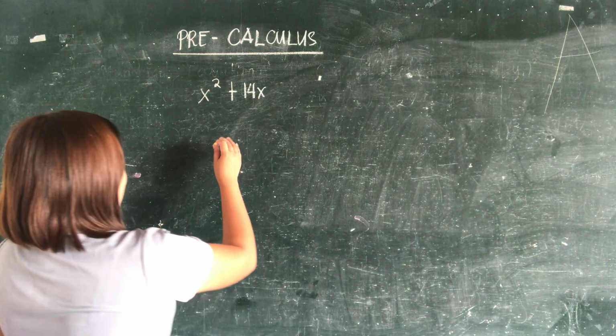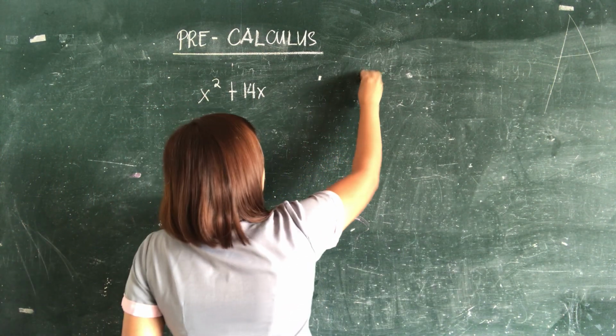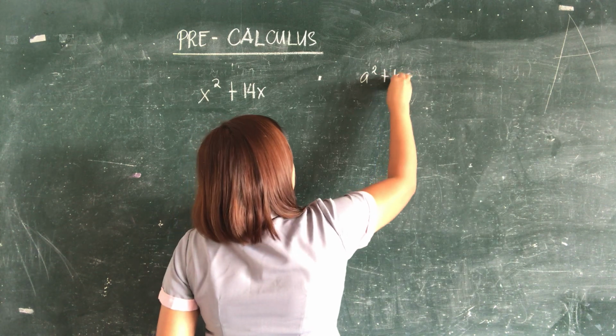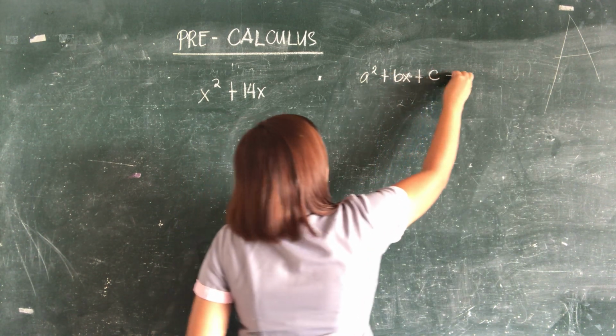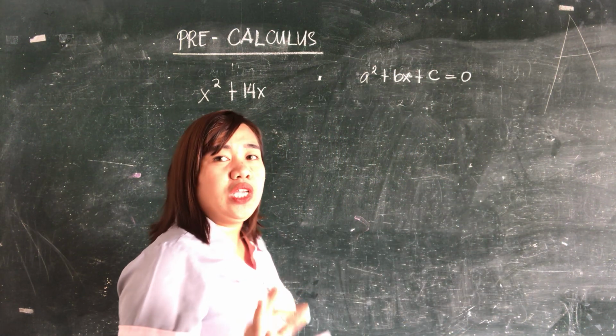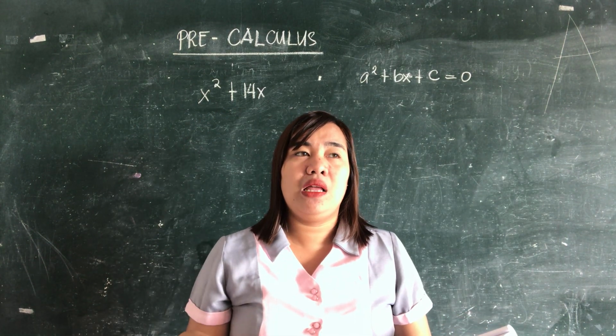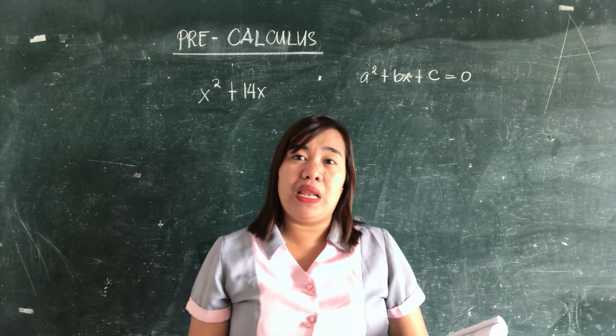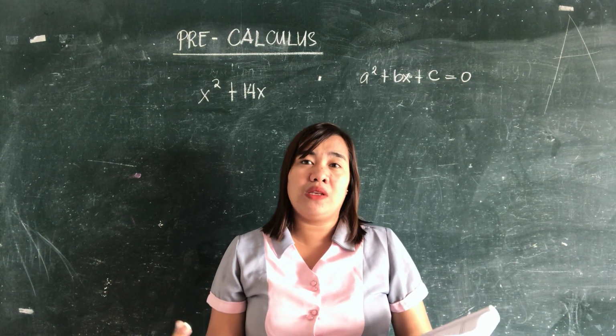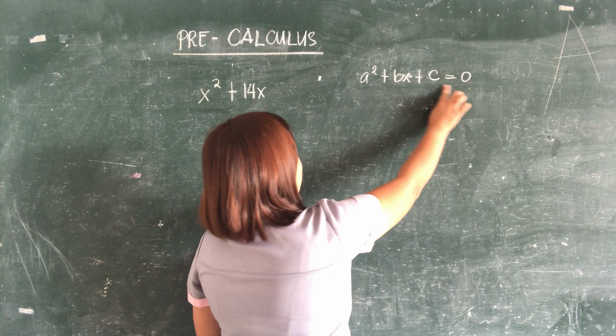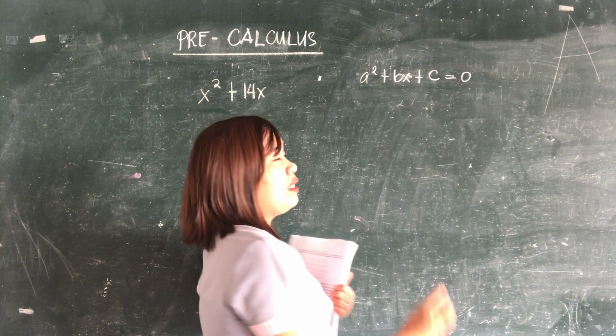So yung process natin dito, di ba, we have ax squared plus bx plus c equals 0. Remember nyo during your junior high school mathematics, before you proceed in applying the quadratic formula in solving the values for x, you use this format ax squared plus bx plus c.